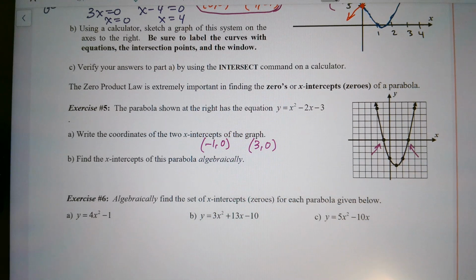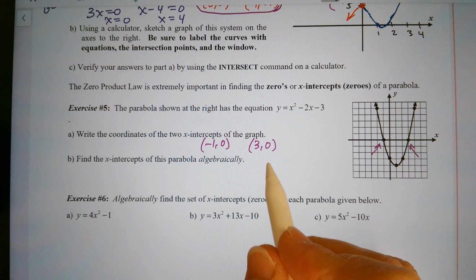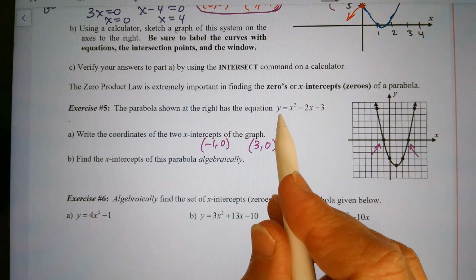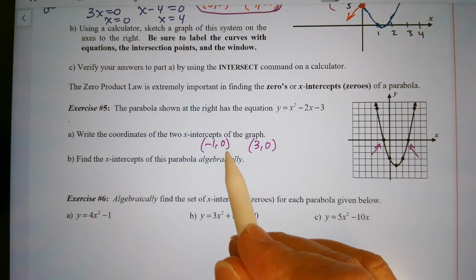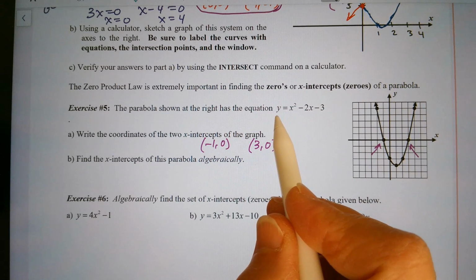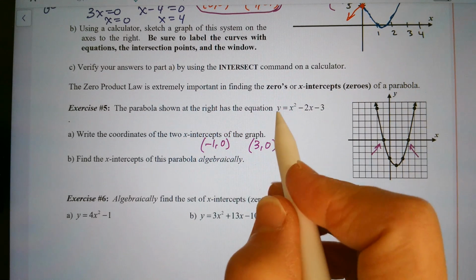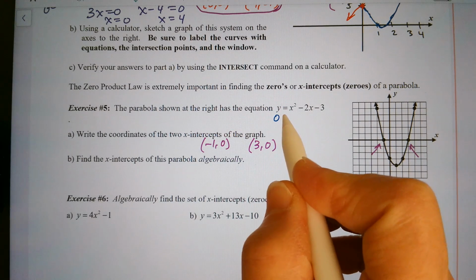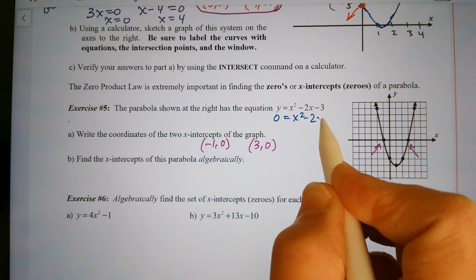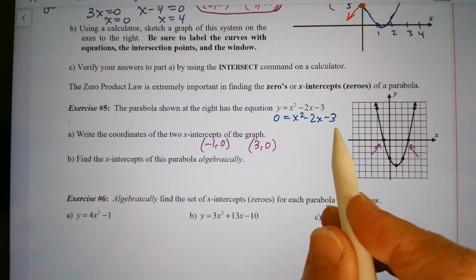Find the x-intercepts of this parabola algebraically. You notice that the output is 0, so take our equation up here and replace y with 0. So we factor.